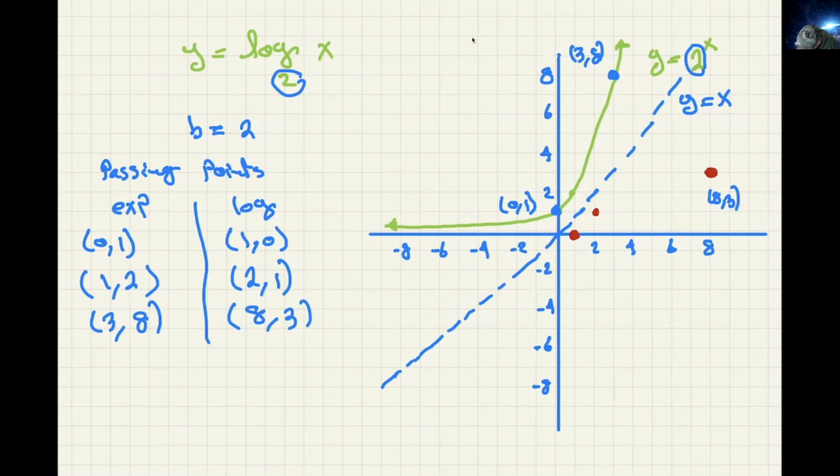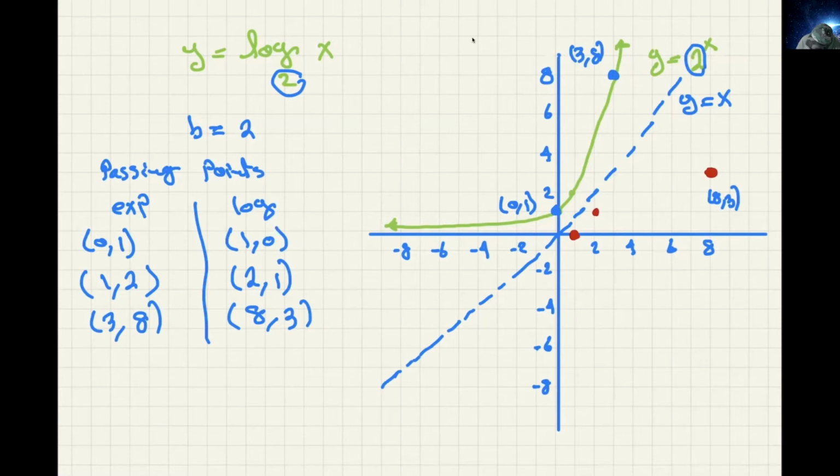Let's get a point down here. Let's say another point: 1/2. So 2 to the 1/2 is the square root of 2. Let's take another number. When we have -2, 2 to the -2 is 1/4.